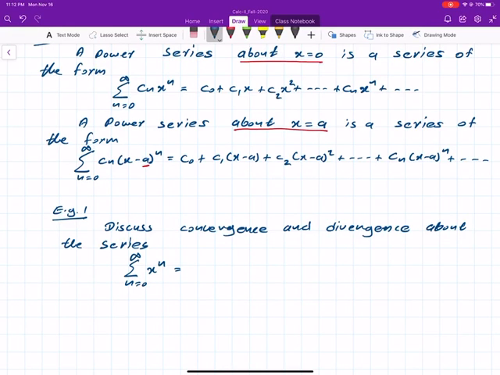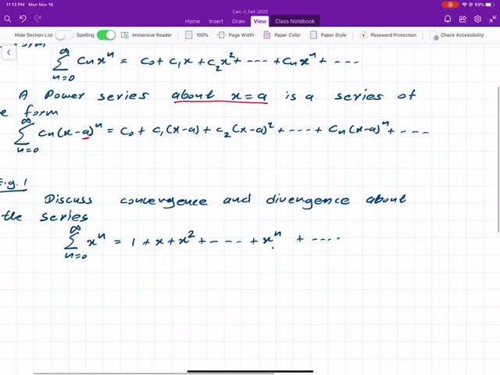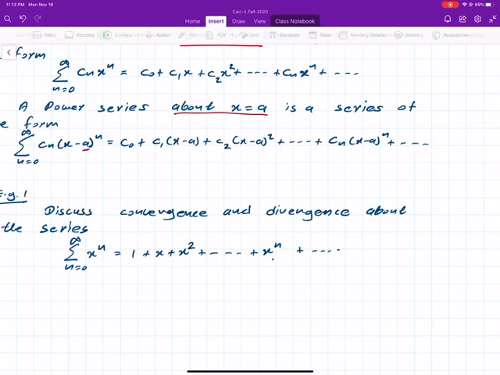If you expand this, the first term is 1, the second term is x, the third term is x to the power 2, and some middle terms, and the nth term is x to the power n minus 1, plus dot dot dot. Let me write this as x to the power n. So this is the corresponding expanded form of the power series.